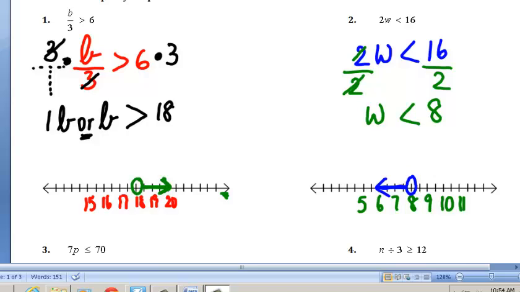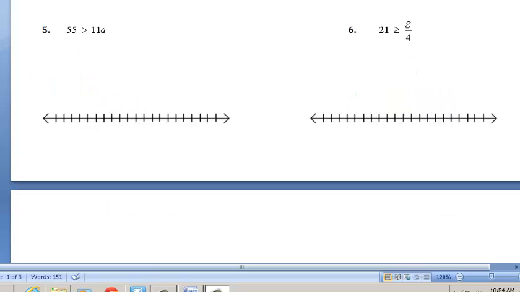All right. Let's go ahead and work on 5 and 6. Again, this is something that I've shown in lesson 7.6, about the fact that we always graph the variable. First, let's solve the inequality. It says 55 is greater than 11a. Okay, how do I undo the 11a?